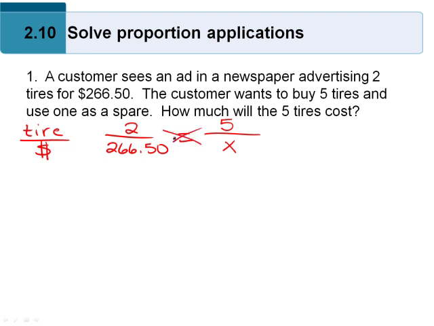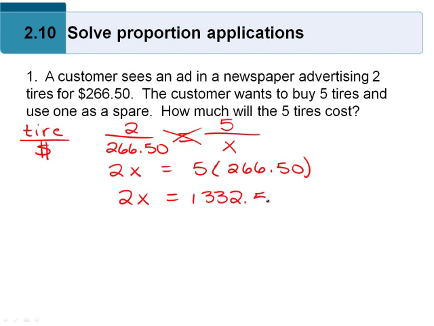We cross multiply, so we have 2 times X equals 5 times 266.50. So bring down 2X and now pull out your handy dandy calculator. 5 times 266.50 is 1,332.50.